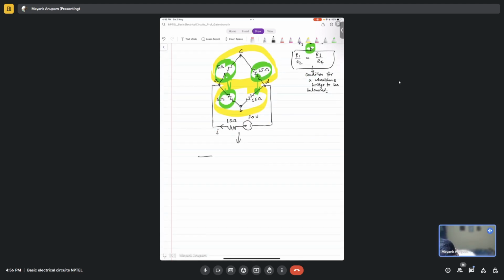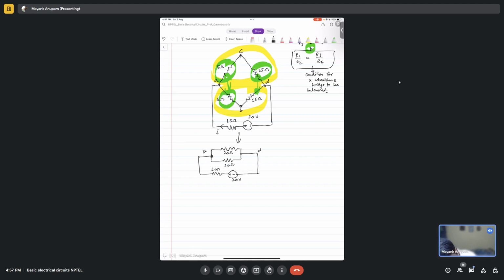Between A and D, we have 5 and 15, basically 20, and another 5 and 15 are 20, and then these 20 and 20 will be in parallel. Both of these will again be connected via a 10 ohm resistance and a 20 volt supply.